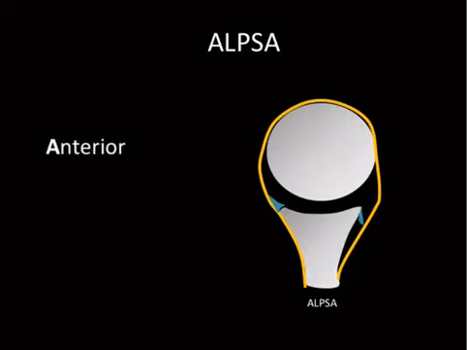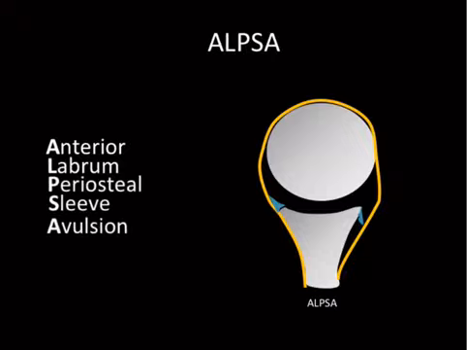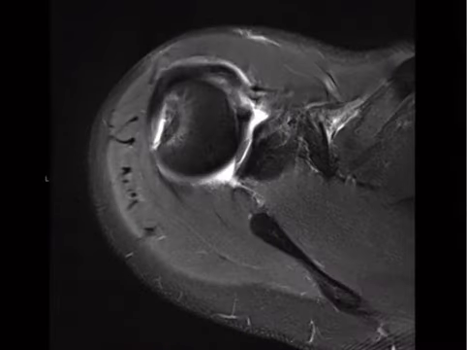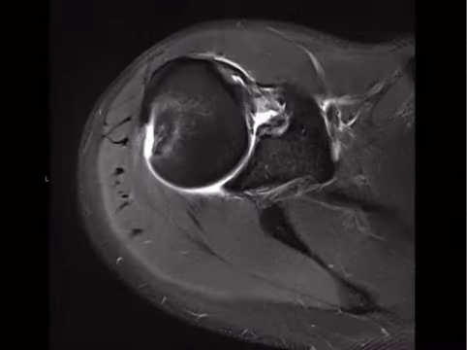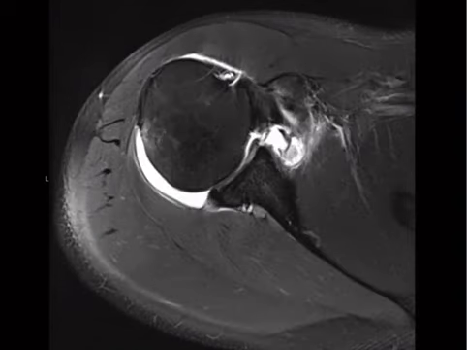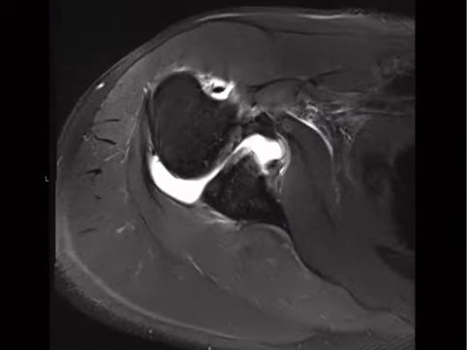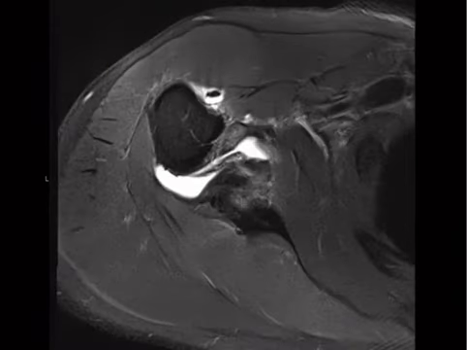Alright, so what does that look like? Anterior labrum, periosteal sleeve avulsion. That's what that actually stands for. Alright, so we're going back. Look at that. Seen it? Okay.